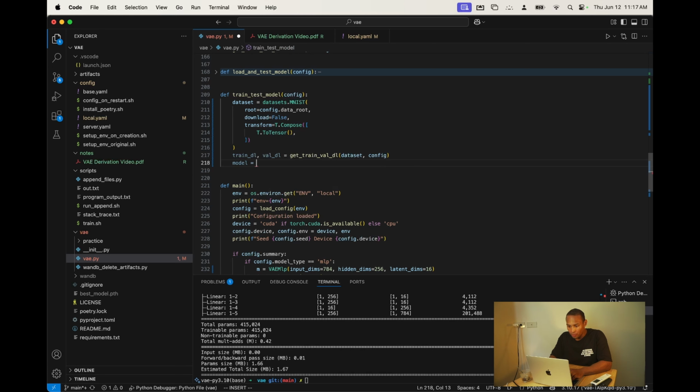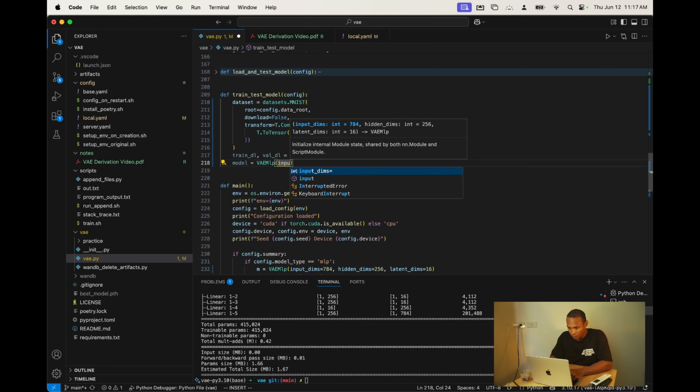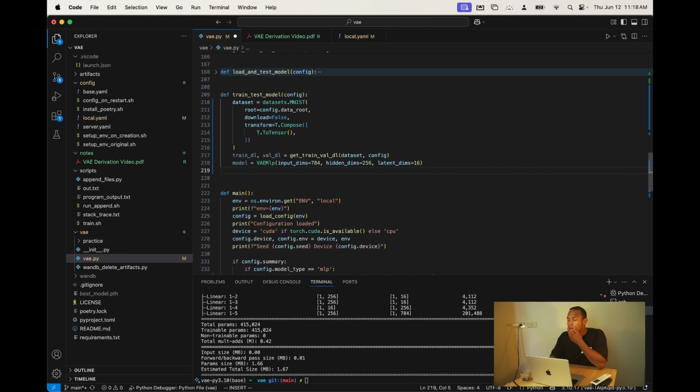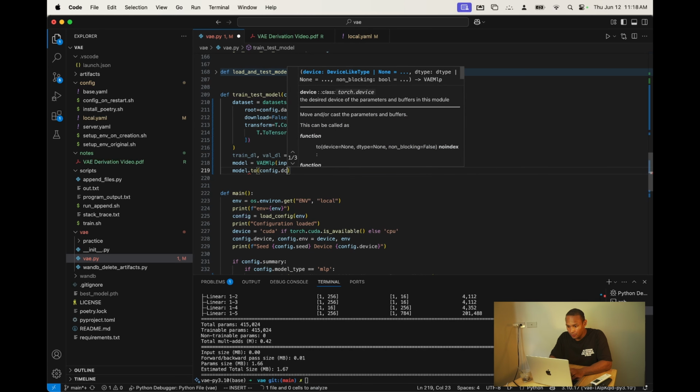Now, model. Let's make it explicit. Send it to the device, which is specified in the config.